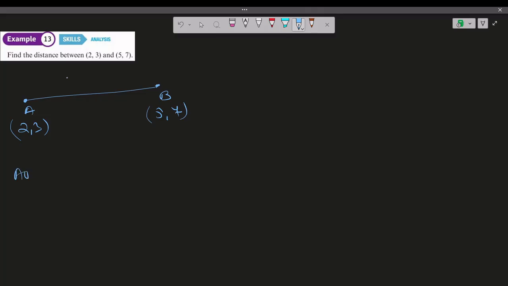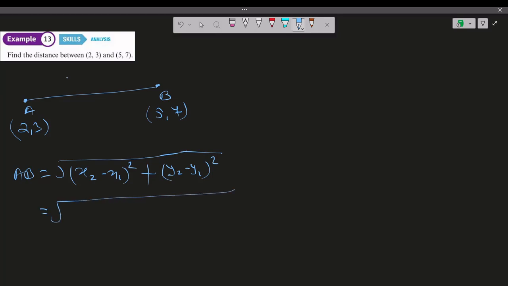So distance AB will be, as per the distance formula we just learned, x2 minus x1 whole square plus y2 minus y1 whole square. Let us substitute everything. I am assuming A as the first point, x1 y1, and B as the second point, x2 y2.